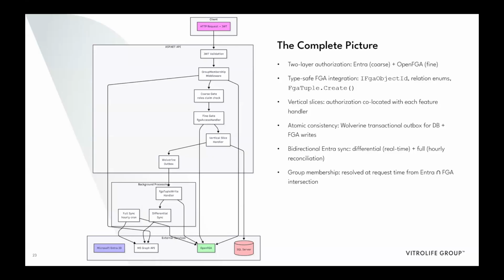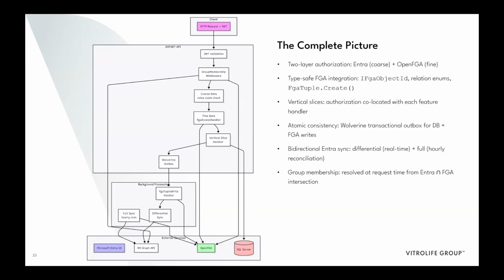We take the intersection of all the groups that exist in OpenFGA and add them to the context. Then we have this coarse grain gate and then the fine grain gate. And then we go into the actual handler. And if we create something using this handler, we will also use this outbox. And then we will have this synchronization process where we do hourly and differential syncs.